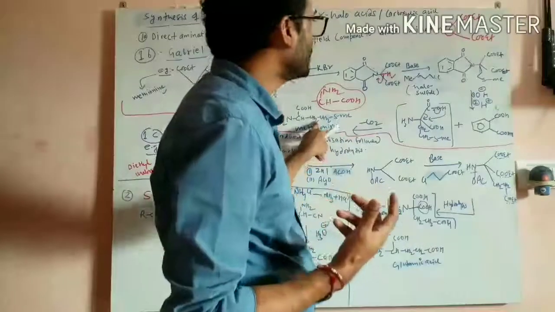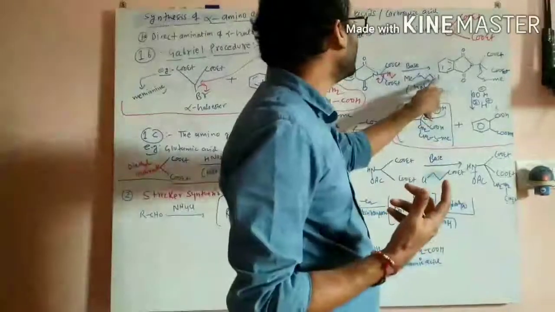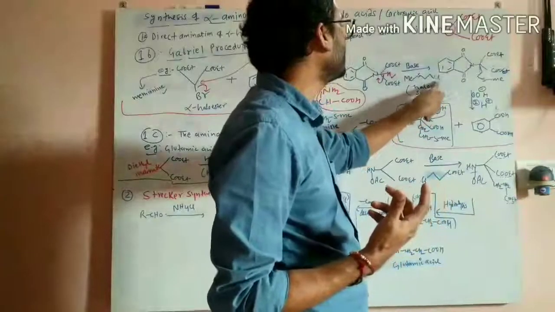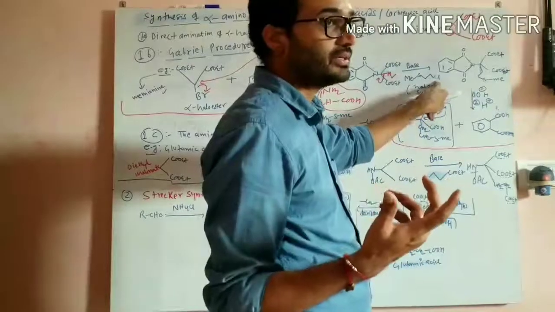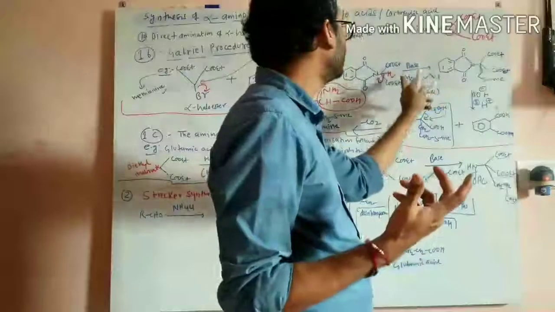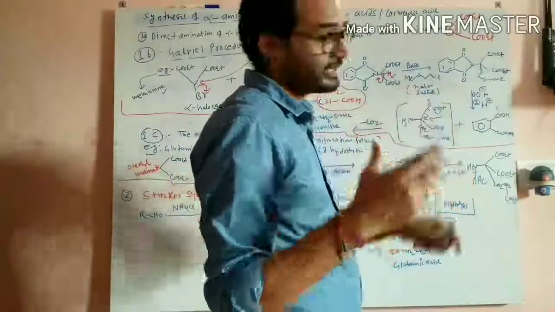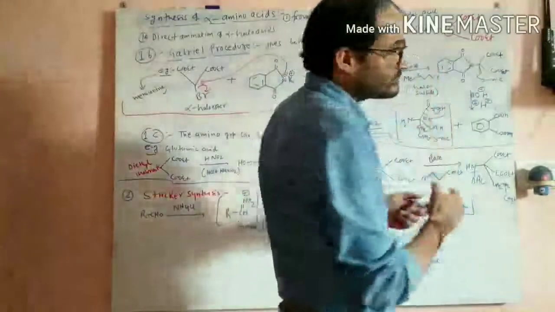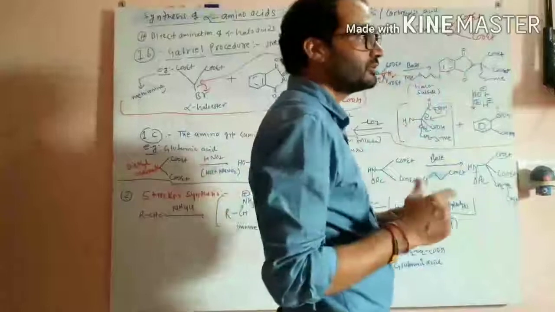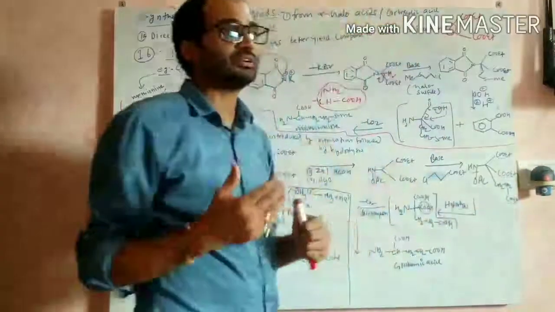So the starting material for that is a halosulfide, which is an alkyl halide. Alkyl halides can act as carbon chain producers, and we can use them for malonic ester synthesis.